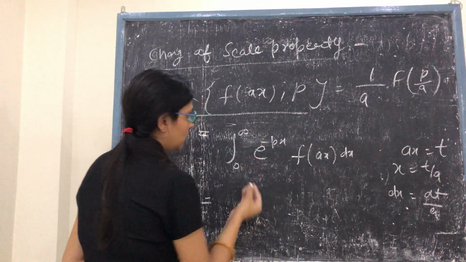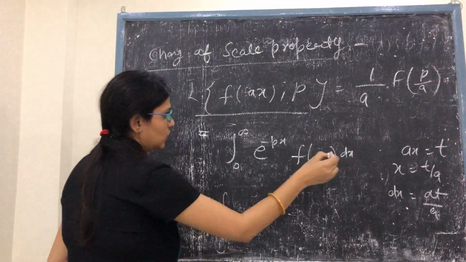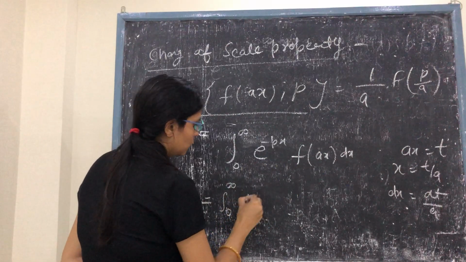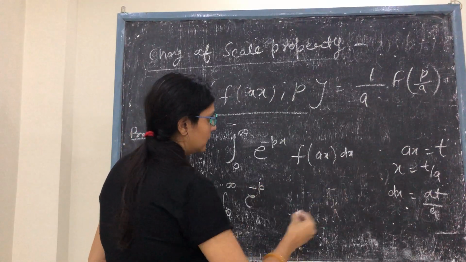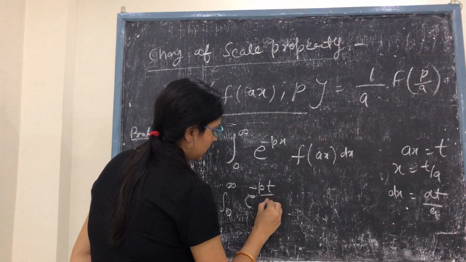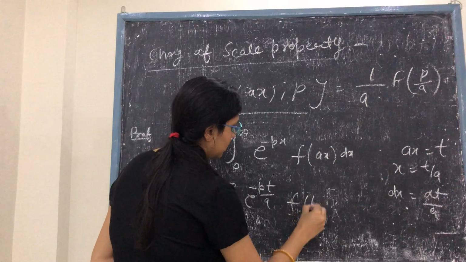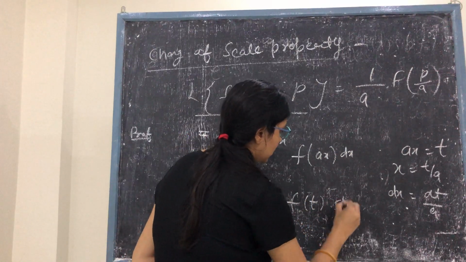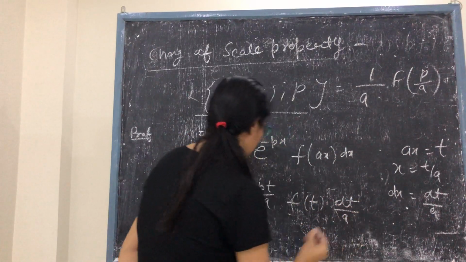When x equals 0, t is again 0, and when x equals infinity, t is infinity. So e raised to the power minus p, with x replaced by t by a, f of t, and dx is dt by a.